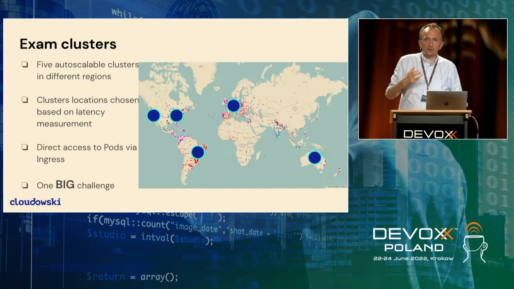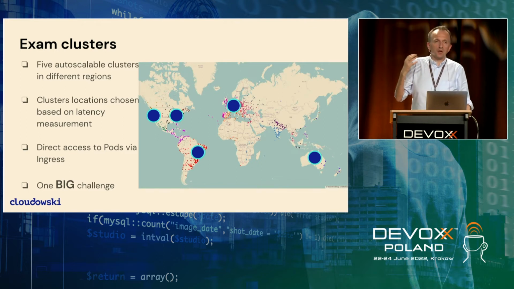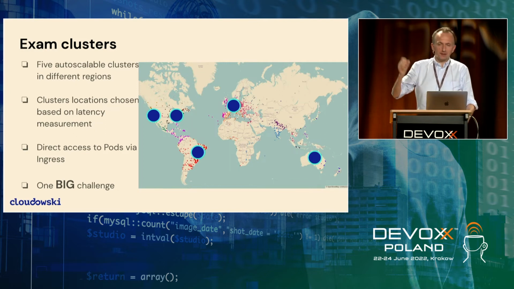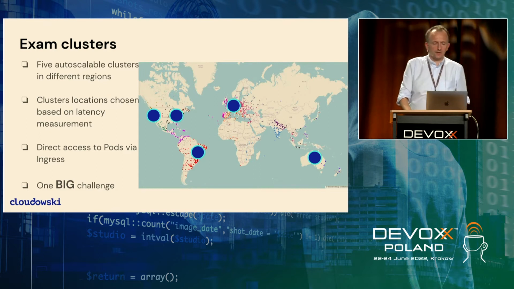So these 5 clusters were dedicated for this new feature. And of course, we wanted to provide our candidates direct access to containers running inside pods on these 5 clusters, or actually on one of the 5 clusters.